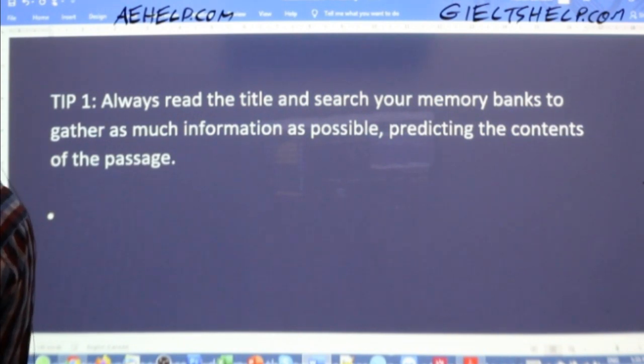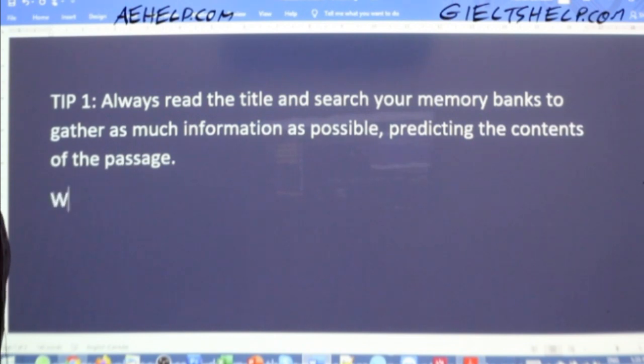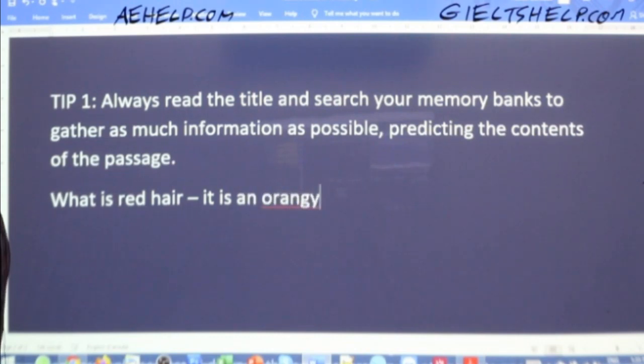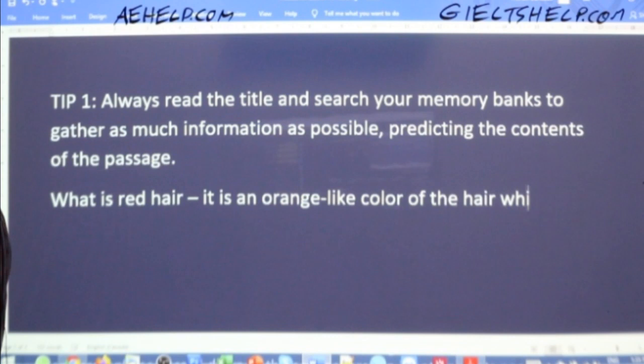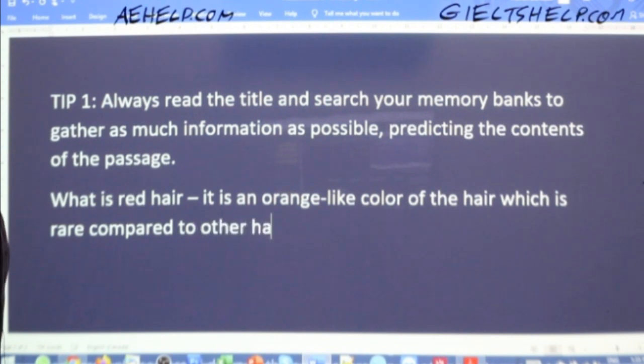So when you think critically about this, what is red hair? Okay. It is an orange-like color of the hair which is rare compared to other hair colors.